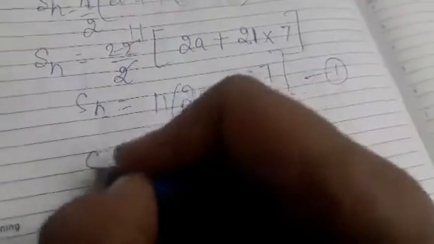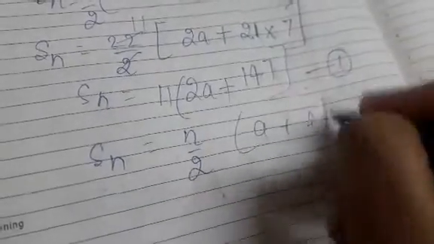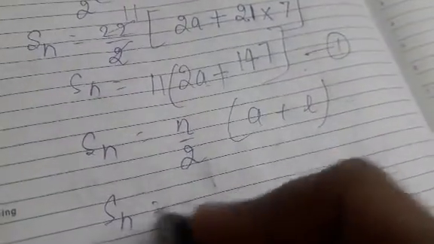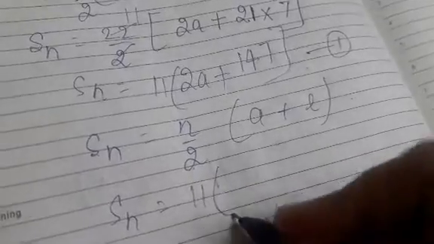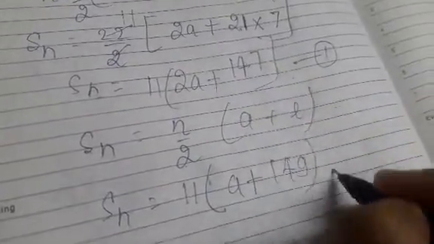The next formula you know is Sn is equal to n by 2 into a plus L. Sn is equal to 22 by 2, which will be 11, into a plus 149. Yes, the last term is given. Using these two equations, as we know the left sides are equal, the right-hand sides will also be equal.